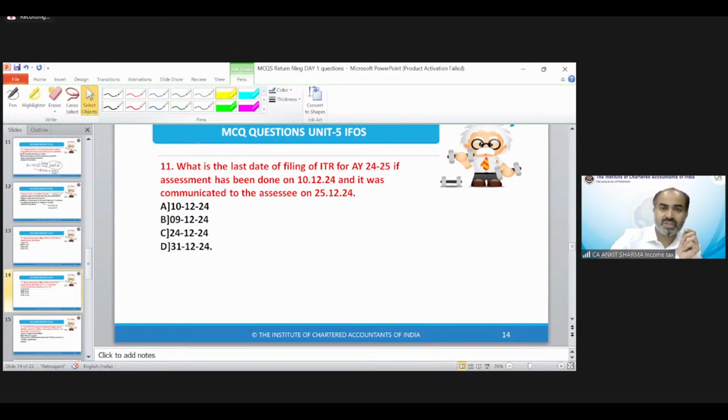The question is, what should be the last date of filing ITR for assessment year 24-25? So that would be called a belated return technically, if you did not file. So technically, I am asking what is the last date of filing of belated return? And we know the first is 31st December 2024.